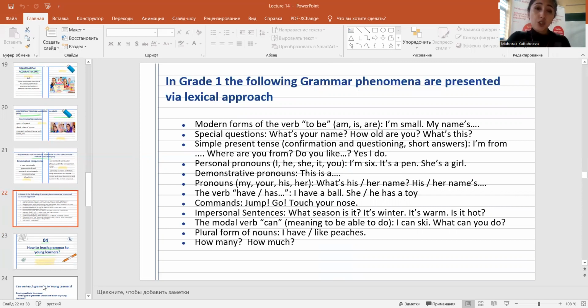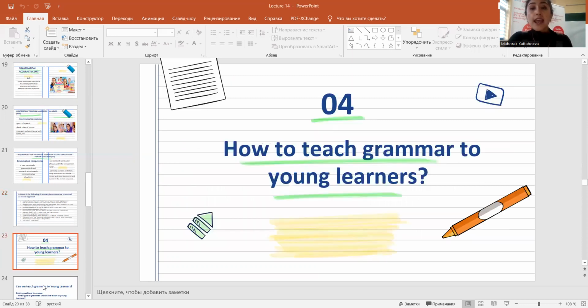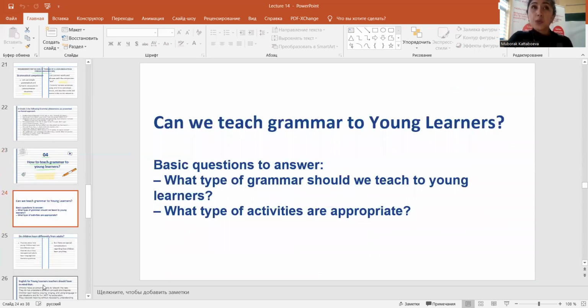And if you pay attention to my slide, I have provided multiple lexical resources through which you can teach grammar phenomena to your A1 level learners. And now, how to teach grammar to young learners? Because when we say, in this lecture, when we say A1, we usually mean first and fourth grade students at this point. Can we teach grammar to young learners?